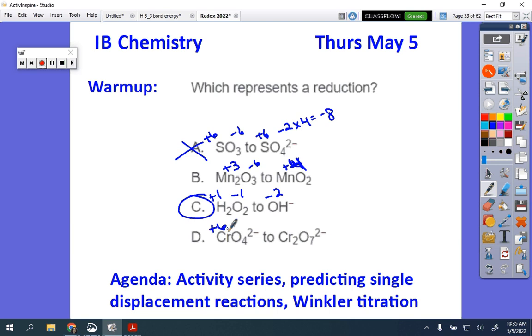Here we've got 7 oxygens, so that gives us -14, except we only have to account for 12 of those because we've got an overall -2 charge. So we have a +12, but we have 2 chromiums, so that's also going to be a +6. It's not going to change. Okay? So C represents a reduction.